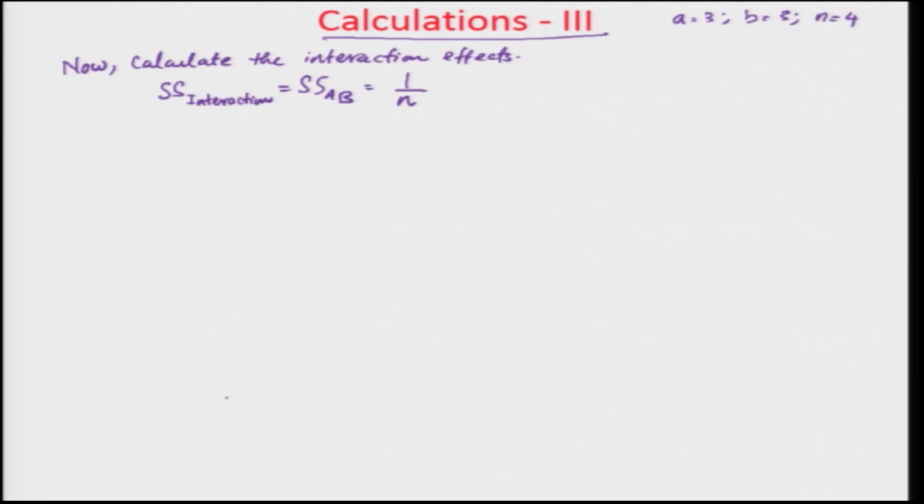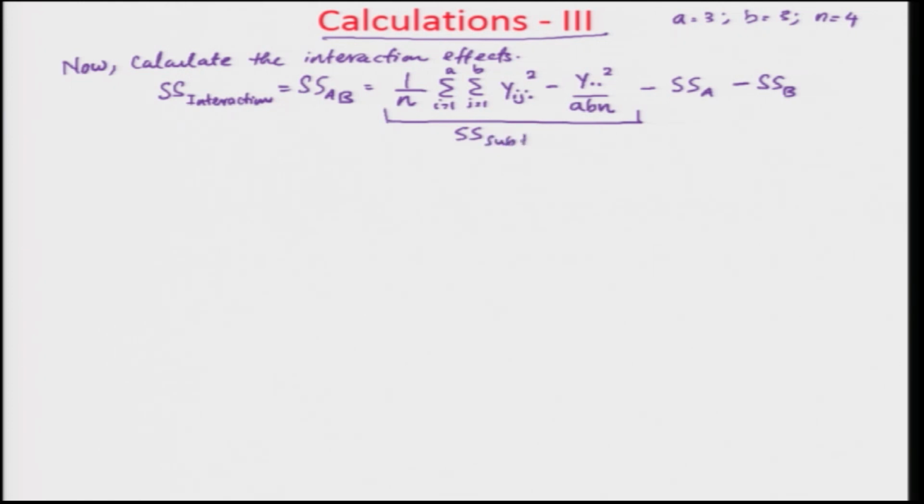That is how we calculated it, 1 over n, and then sigma i equals 1 to a, sigma j equals 1 to b, of y ij dot square minus y dot dot dot square over a b n. This was one of the factors, okay, minus sum of squares of A minus sum of squares of B.